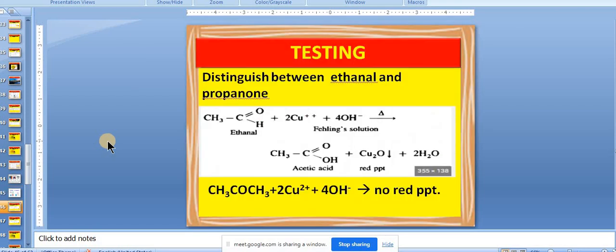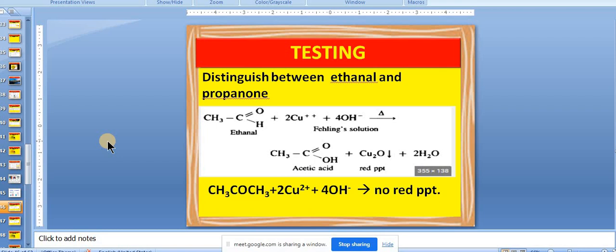Now, this question comes, for example, distinguish between ethanol and propanol. You can see from here, copper ions and OH negative ions give acetic acid, Cu2O and water, and acetophenone will not give. So can anyone please write whether this ethanol and propanol question can we do by using Iodoform and Tollen's reagent also?